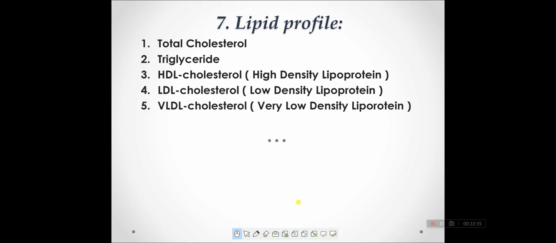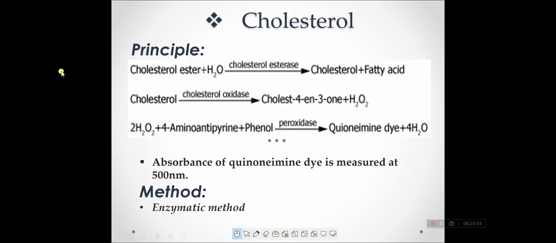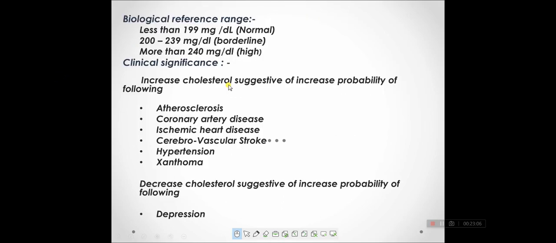The lipid profile test contains a number of parameters such as total cholesterol, triglyceride, HDL cholesterol, LDL cholesterol, VLDL cholesterol and the ratio of the LDL and HDL also. These lipid profile tests also come under the cardiac profile test, because if the cholesterol level or triglyceride levels are high, then it is suggestive of any kind of cardiac damage or cardiac disorder, right? So this is how these are performed.